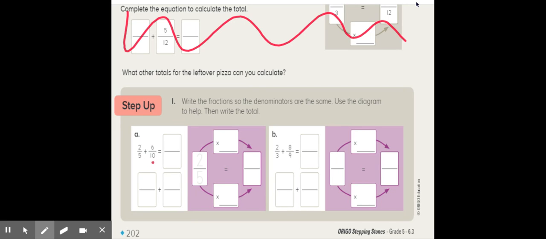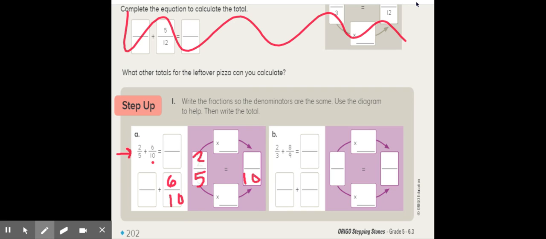Remember, the fraction that has that higher denominator, that's the multiple, it's not going to change. So I'm just going to write 6/10 here because that fraction is going to stay 6/10. The fraction that needs to change is the fraction with the lower denominator. So I'm going to put 2/5 in my circle diagram because I need to change it so that it's equal to tenths.